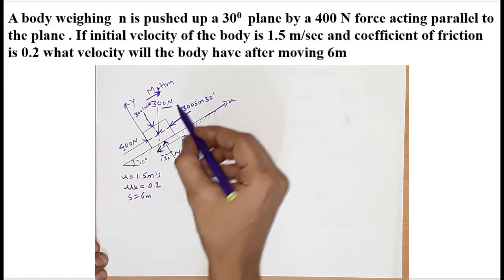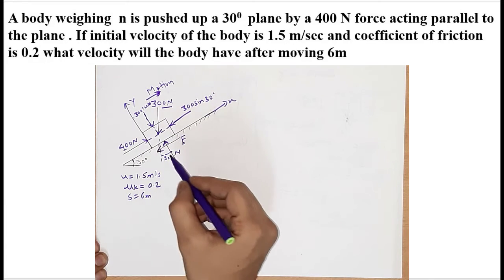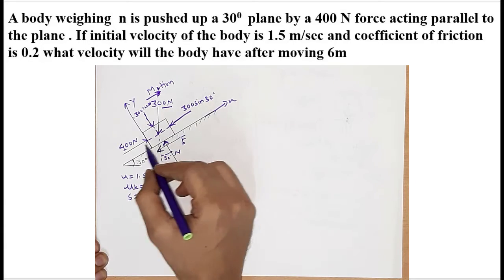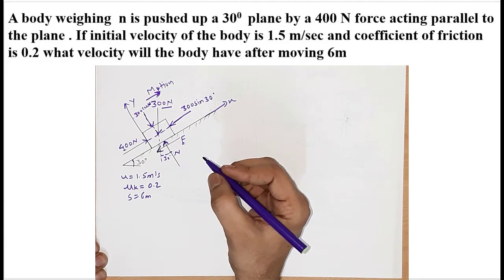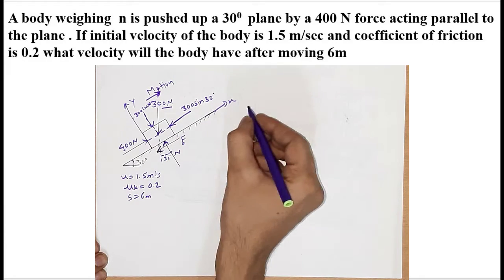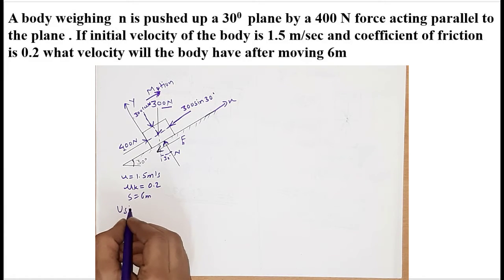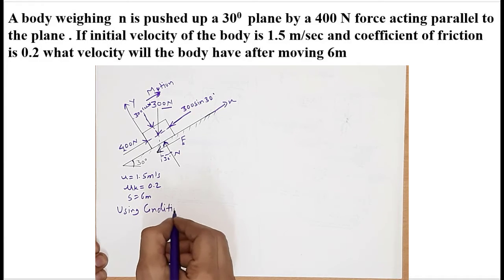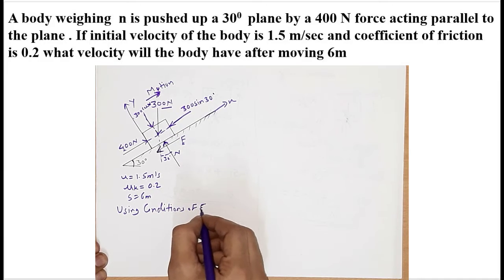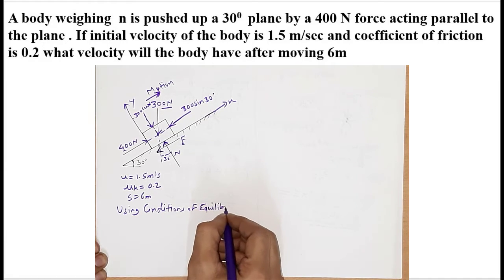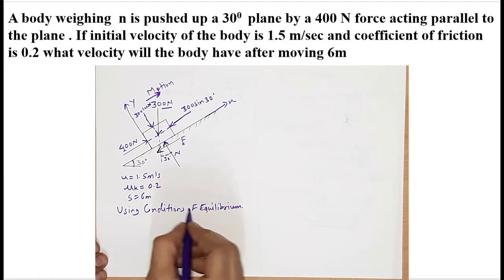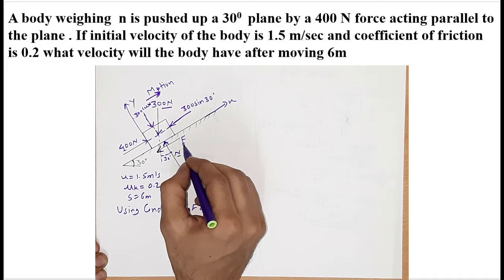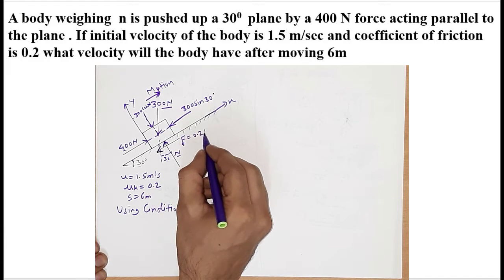Since the body is moving along the plane, we can apply the condition of equilibrium in the y direction, and we can apply the work energy principle in the x direction, parallel to the plane. First I am applying the condition of equilibrium, because by doing this I get the value of n, and so the value of f, which will be equal to 0.2 times n.